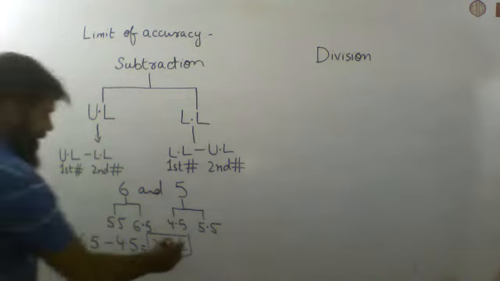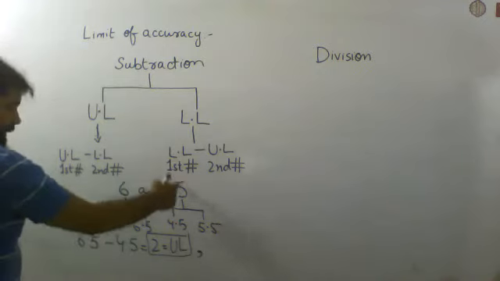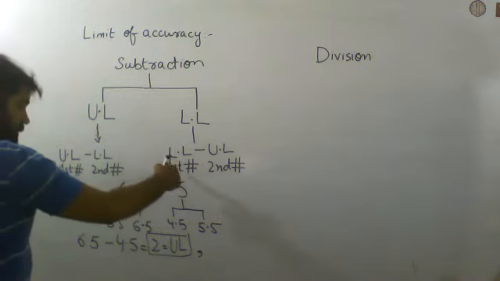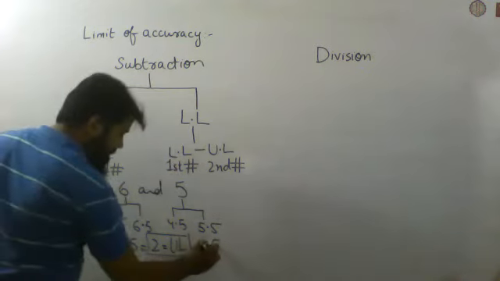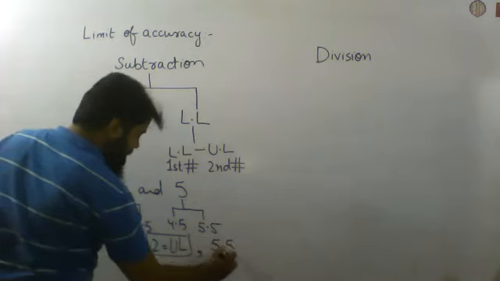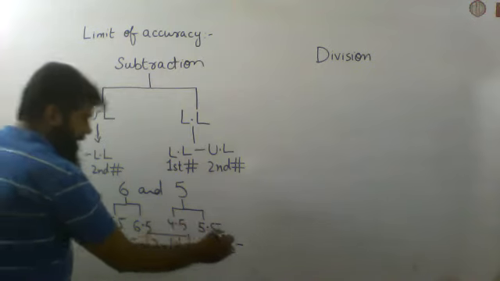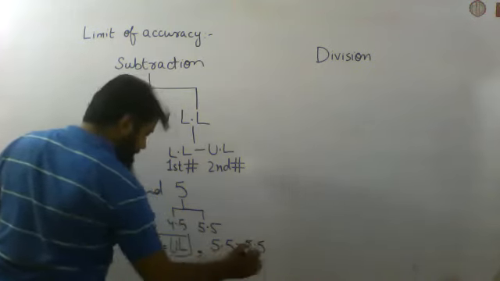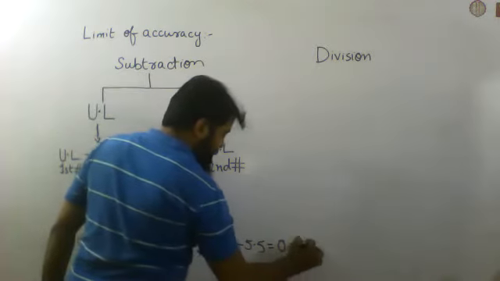Okay, and if I want to find the lower limit of subtraction between these two, so lower limit of first number minus upper limit of second number, and when I simplify it, the result comes to 0, which is the lower limit.